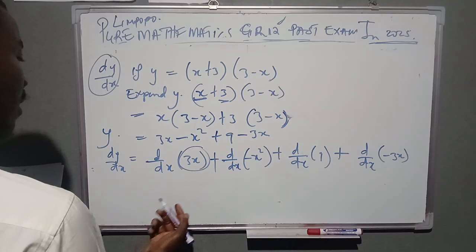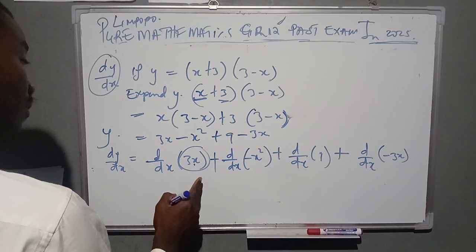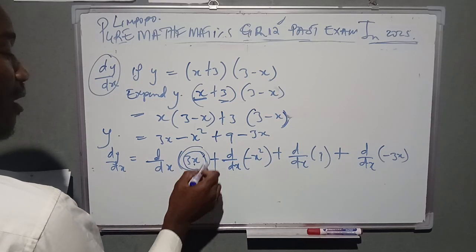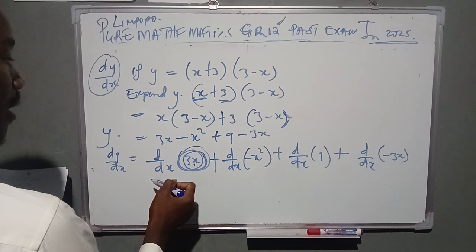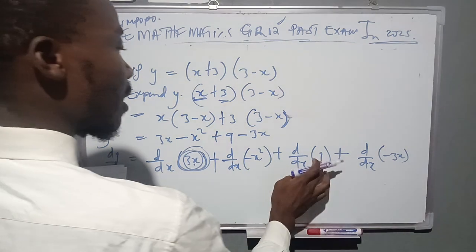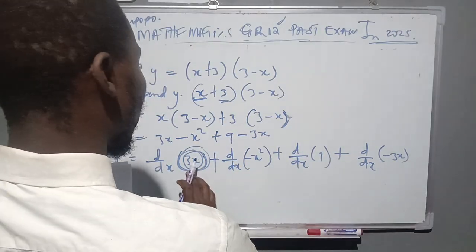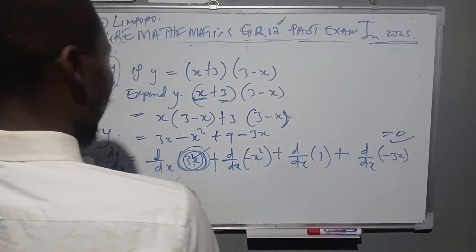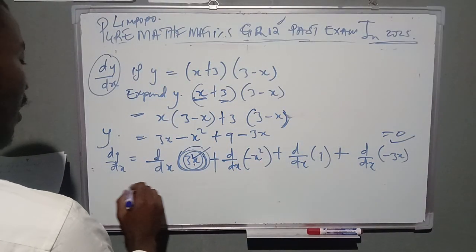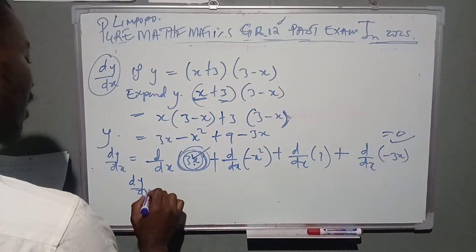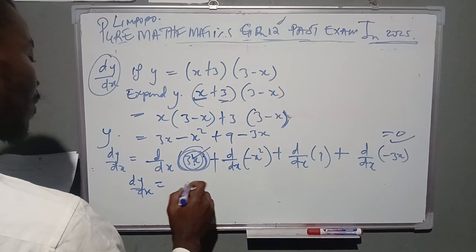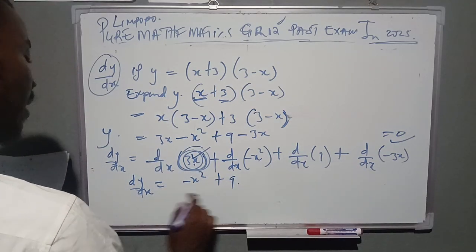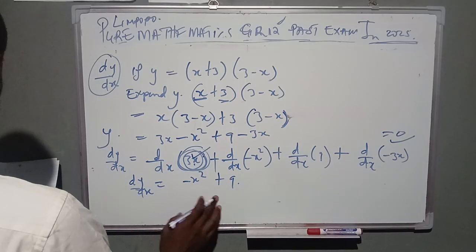So this one gives us 3. But let's consider minus x squared, 9, and minus 3x. So if we're having 3x and minus 3x, they give us 0. So we're going to remain with dy over dx equals minus x squared plus 9, right?